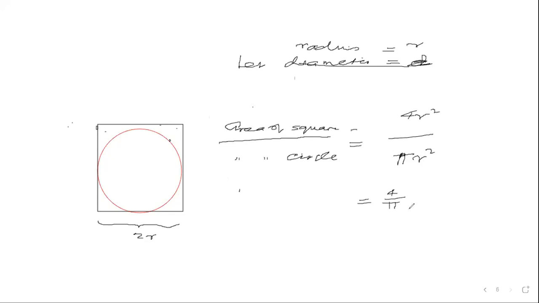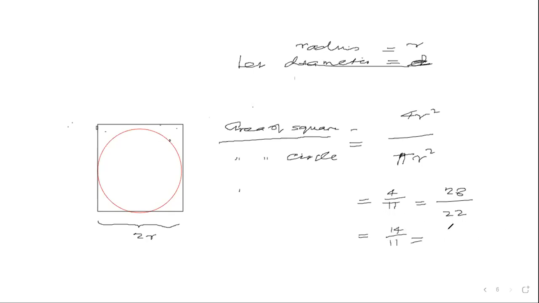You see, pi is 3 1/7, so we can multiply numerator and denominator by 7. Pi is 22 over 7. So multiply numerator and denominator, simplify that, you get 14 over 11.